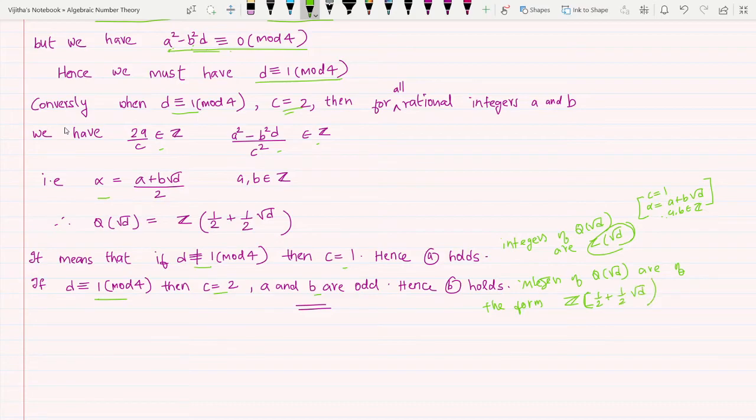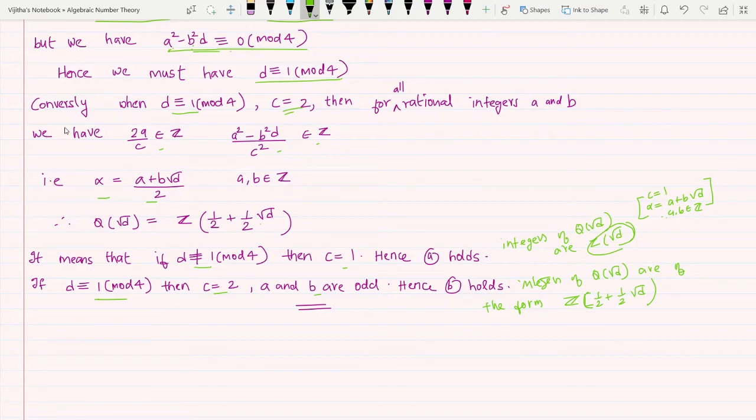Because we got that if alpha is an algebraic integer, then alpha is of the form a plus b root d by 2. So we can take this as Z of half. So the set of all integers of Q of root d in this case will be of the form Z of half plus half root d. I think this is clear because the general element of this can be written in this form where a and b are elements of z.